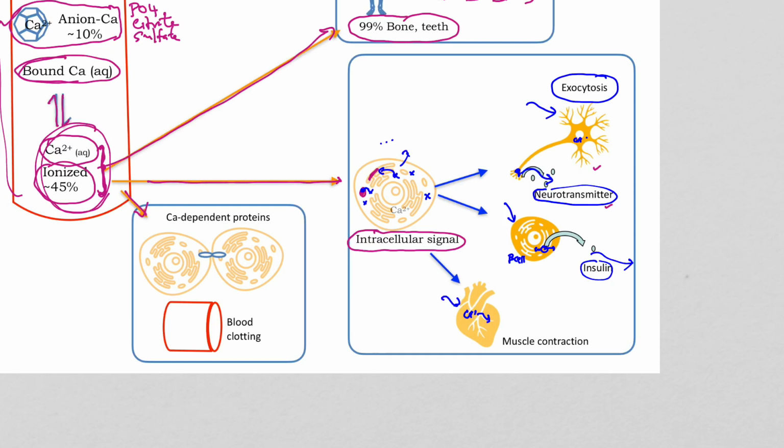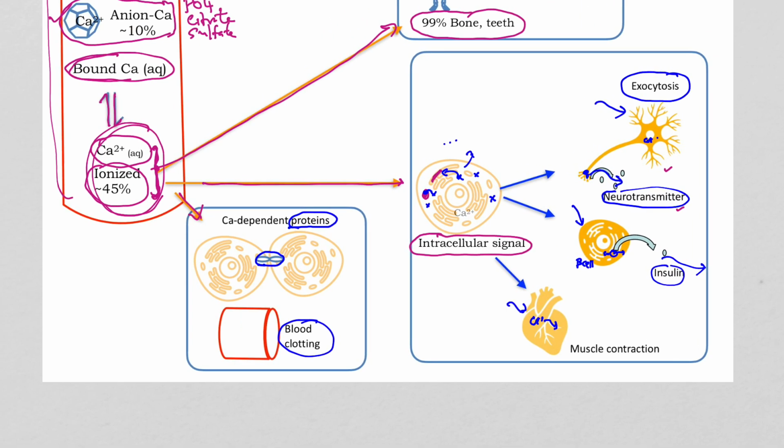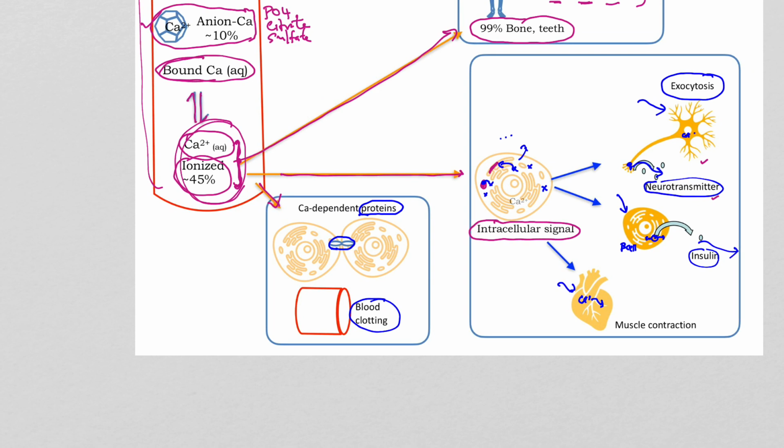Besides being an intracellular signal, there are many proteins that require calcium, including several blood clotting factors. So without calcium, as you know, blood will not clot, and that's the trick we use in the hospital when we collect a blood sample and we don't want it to clot.